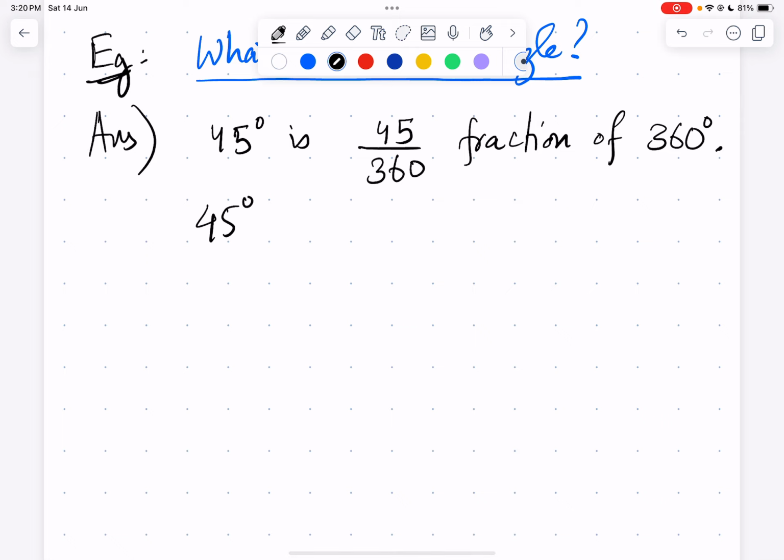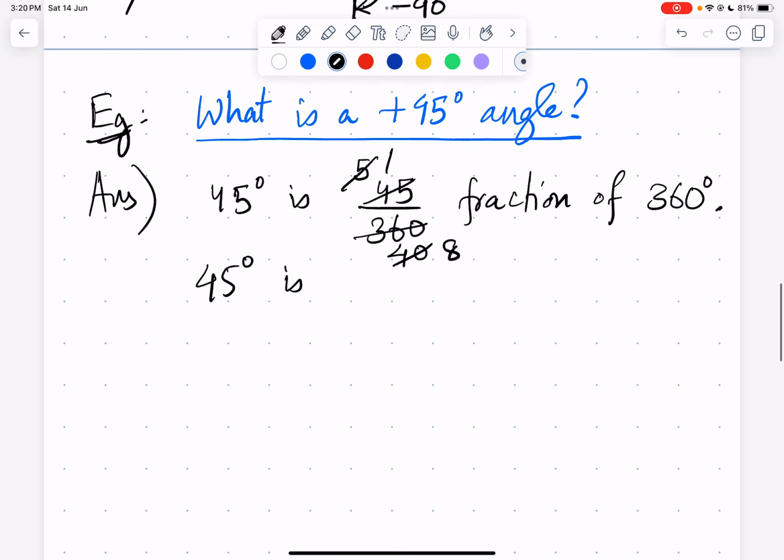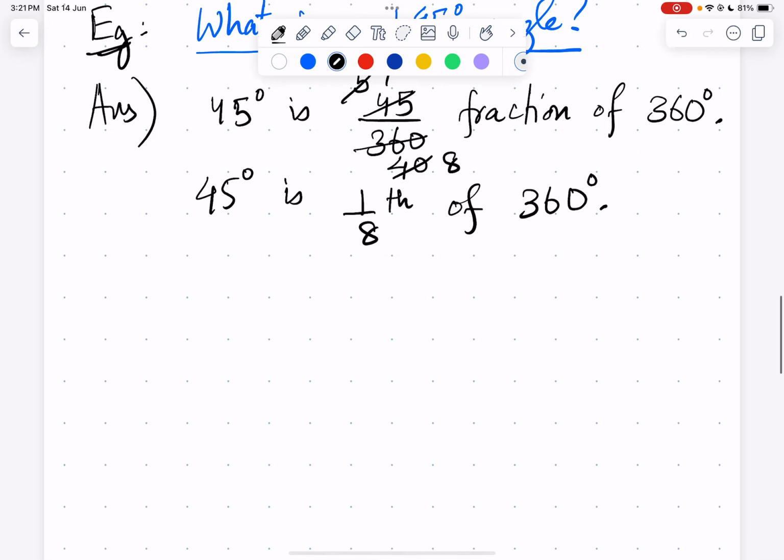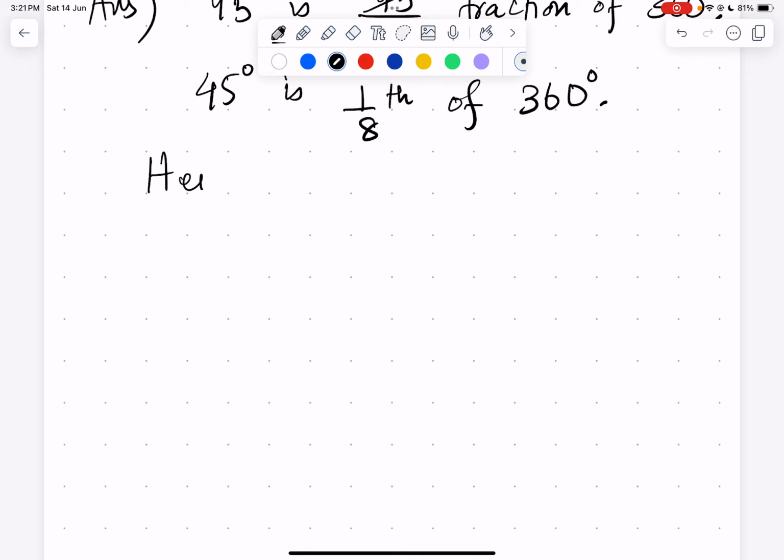So 45 by 360, 9 5s are 45, 9 40s are 360. So 45 by 360 is 1 by 8. So 45 degrees is 1 by 8 of 360 degrees. So 1 by 8 of the full angle.